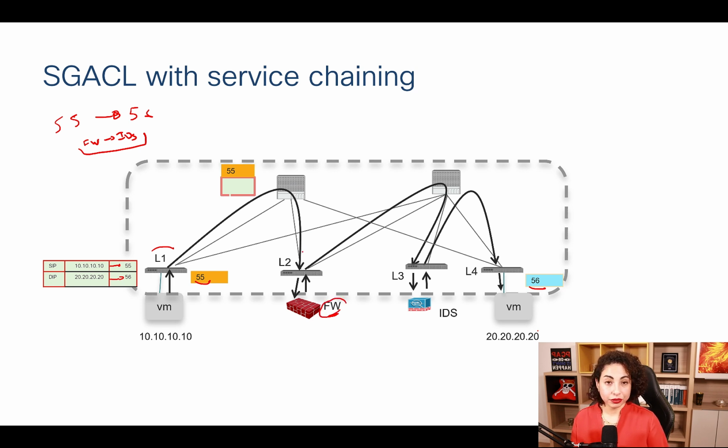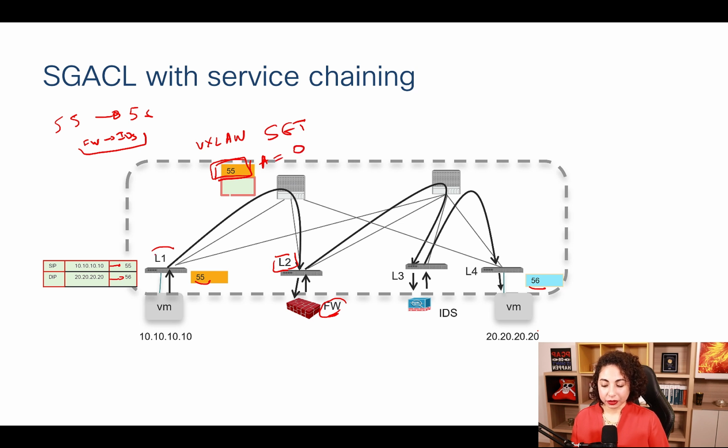So it will send the traffic to leaf 2, and inside the VXLAN header, in the field where we encode the source group tag, we will position 55. So leaf 2 will receive the traffic with the tag being 55. By the way, regarding the policy applied bit that we have seen in the presentation of VXLAN with GPO option with group-based policy, the policy applied bit will be 0.